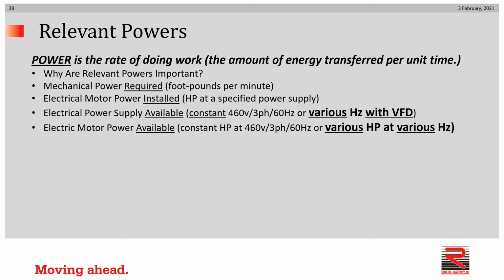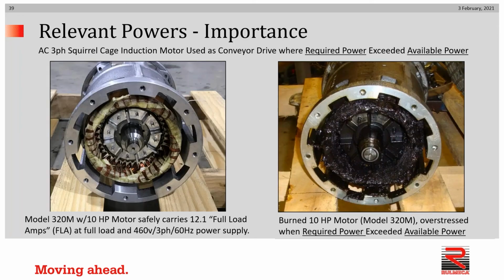Electric power supply available may be constant or variable depending upon whether the line voltage, the line's power supply, a 460 volt, 3-phase, 60 hertz, is used, or a variable frequency drive is used to change the frequency. And finally, what electric motor power is available? Is it going to be constant at a constant frequency, or will various horsepowers apply because various frequencies will be used?